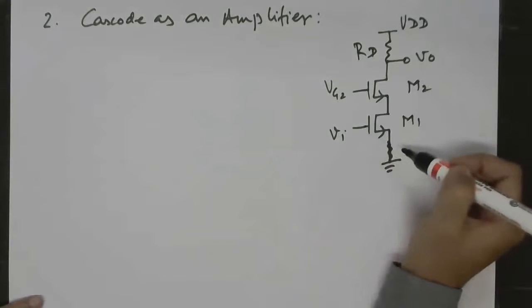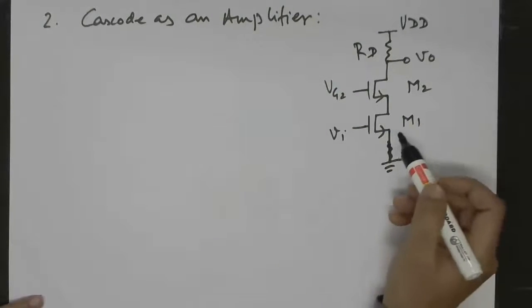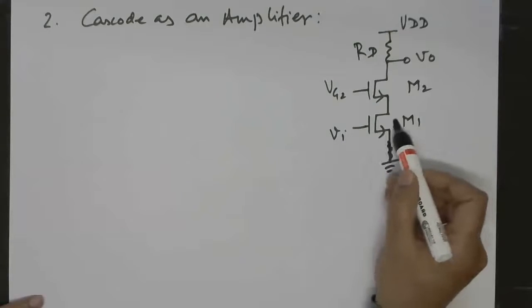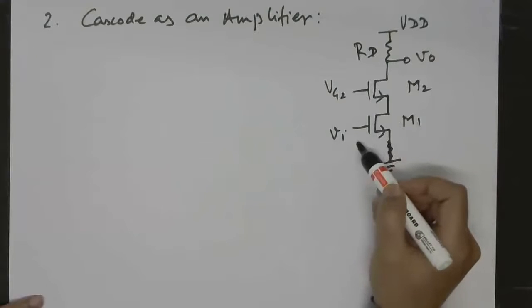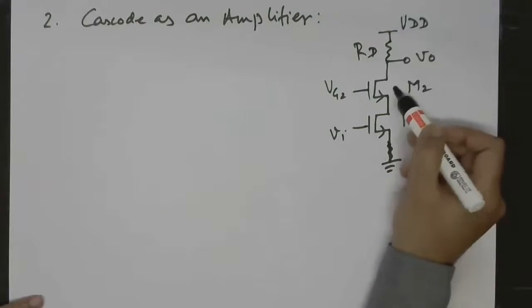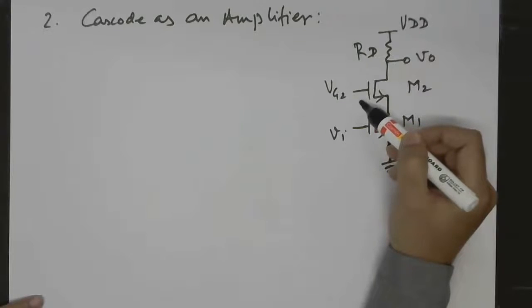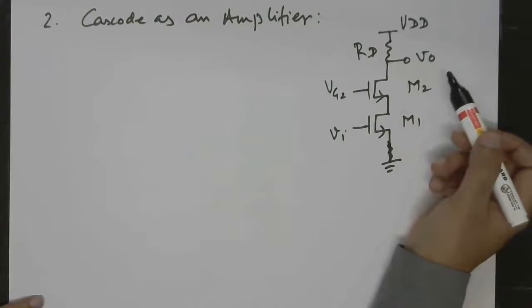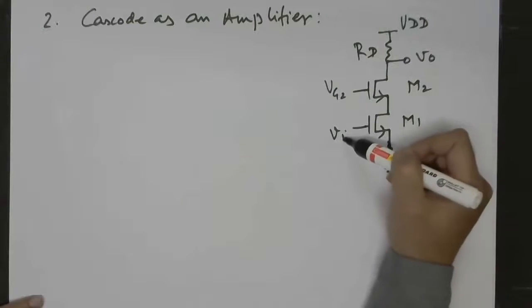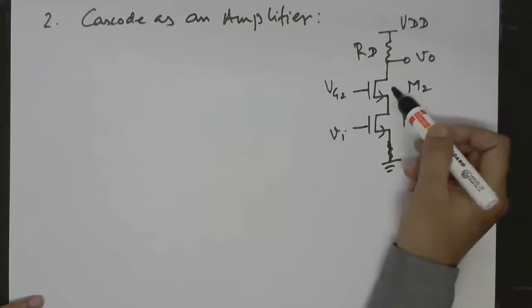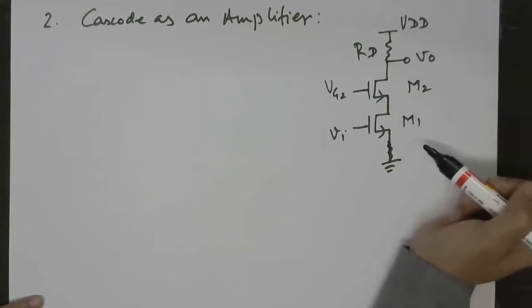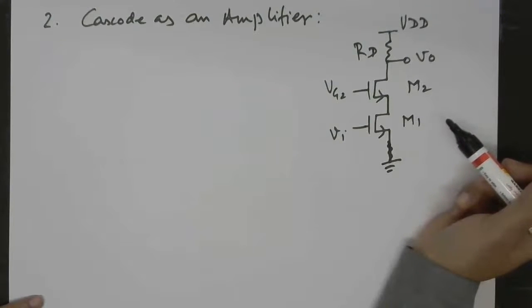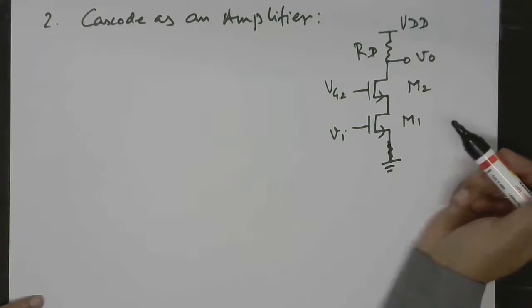So here one thing to note is that input is connected to one MOS. However, output is being taken from the second MOS. So if you recall all the previous amplifiers that we discussed, then both the input and output were attached to a single MOS, and that is why all those amplifiers are called single stage amplifiers.